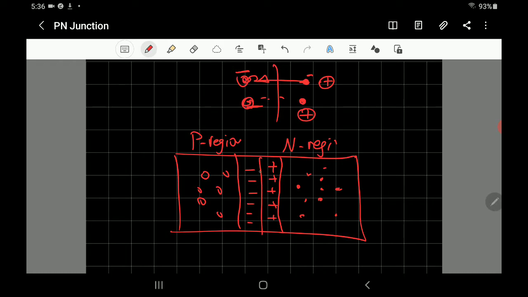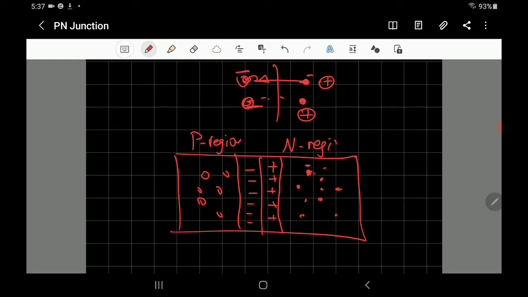After that, when you have enough negative charge across this region, it will prevent any more electrons from crossing. Why? Because the electrons coming here are negatively charged, and this is a negative charge, so there is a repulsion force.